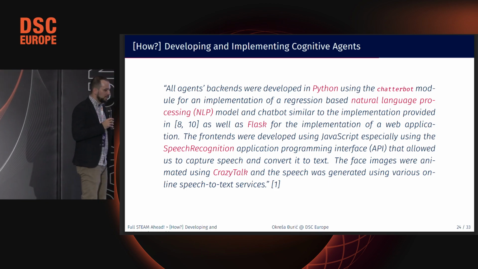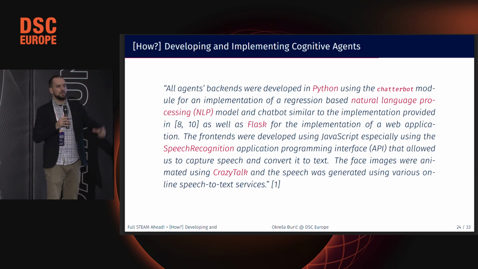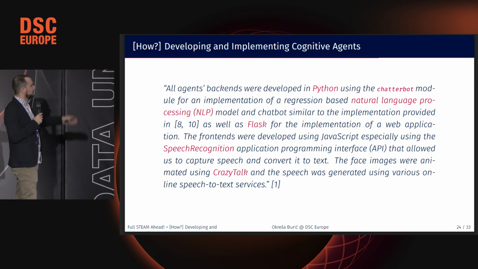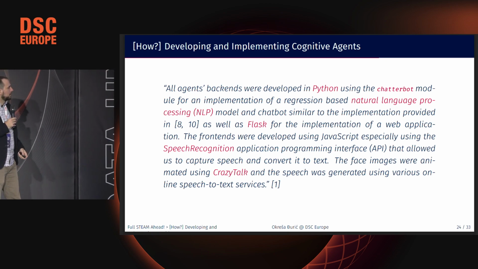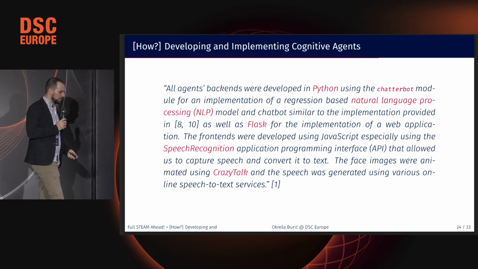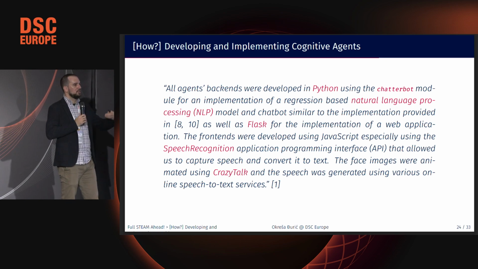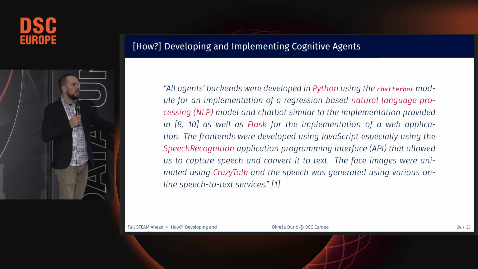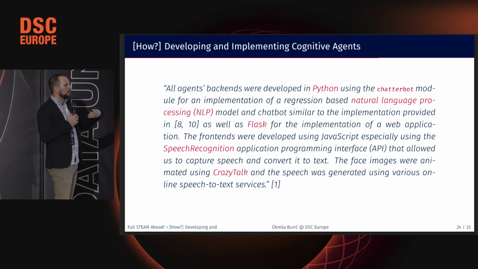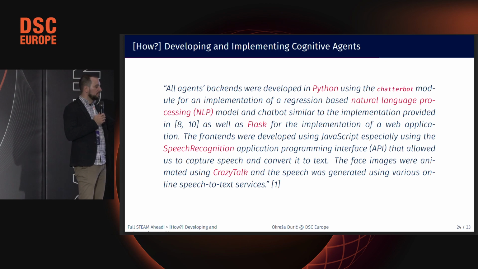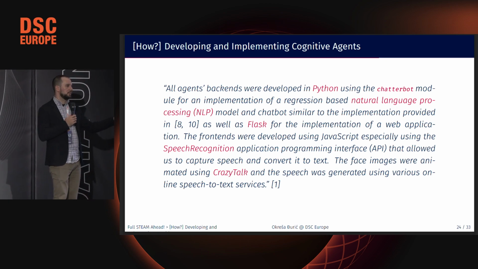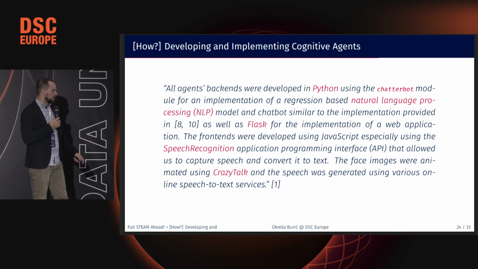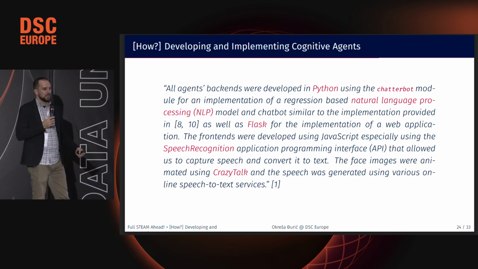Now the implementation itself, so that's basically the third part of implementing this. The implementation itself uses Python with the Chatterbot module. Some NLP is included there, so that when the students ask something of the agent, that particular sentence, for example, is translated into text and just compared with the prompts that we have.